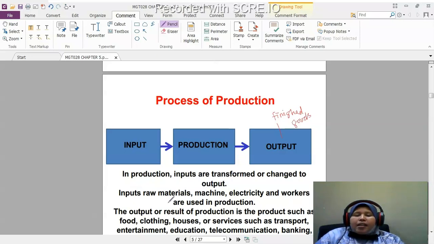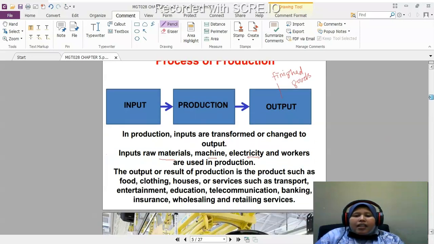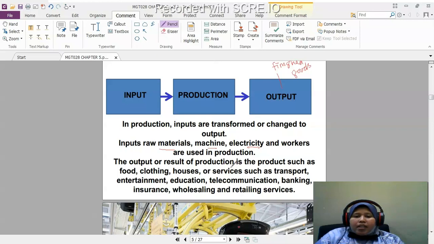Input, for example, raw material, machine, electricity, and workers are used in production. The output or result of production is the product such as food, clothing, houses, services such as transportation, entertainment, education, telecommunication, banking, insurance, wholesaling, and retailing services. This is all the output for the production.